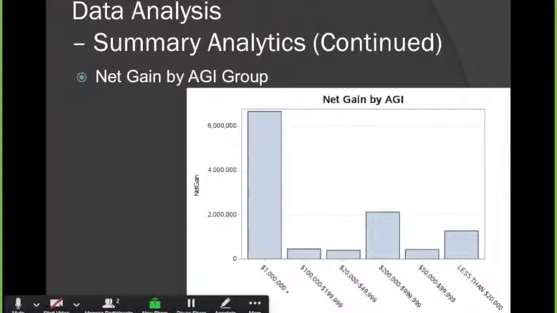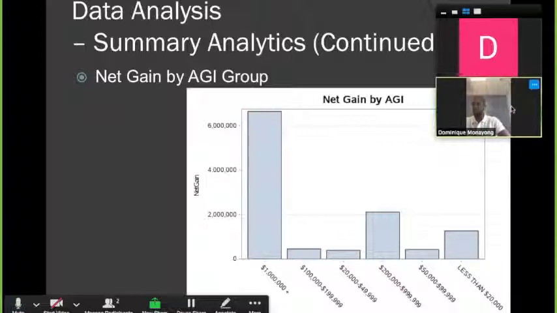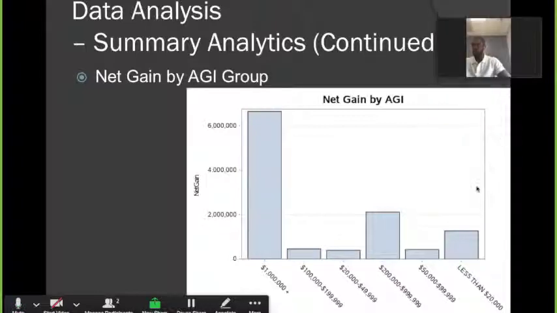One point that was fairly interesting to me was that the less than $20,000 group, which, if we were to go back, actually had some of the fewest tax claims made, has the third highest net gain of all the different groups. That's pretty interesting because typically when there are tax incentives, there can be a sentiment that only the highly rich are the ones who benefit from the tax credits.